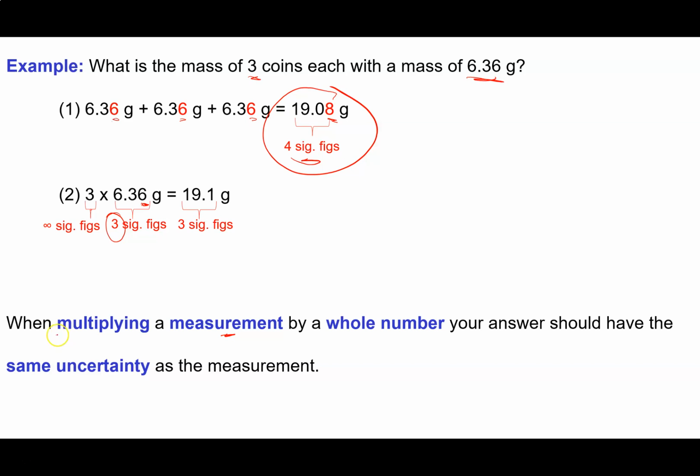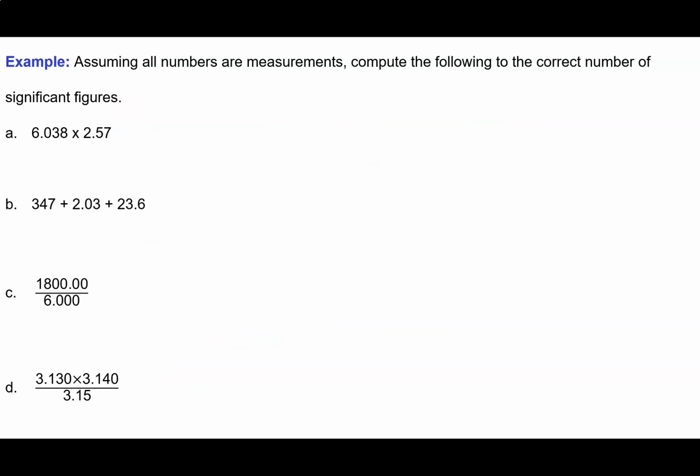So take-home message is, when multiplying a measurement by a small whole number, your answer should have the same uncertainty as the measurement. We knew this number to the 0.01s, so our final answer should also be written to the 0.01s. That's it. Okay, cool.